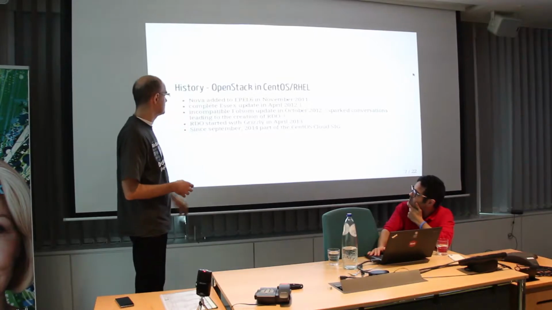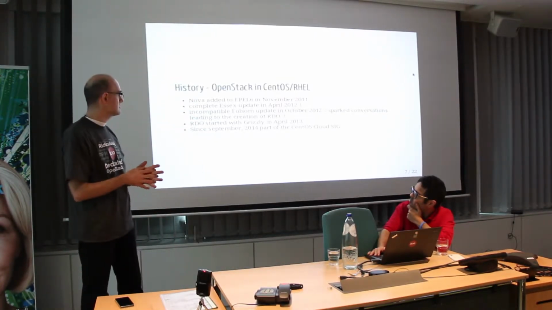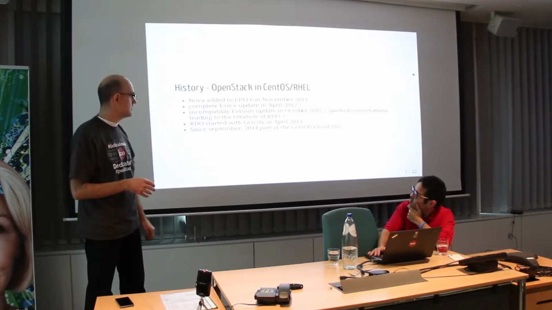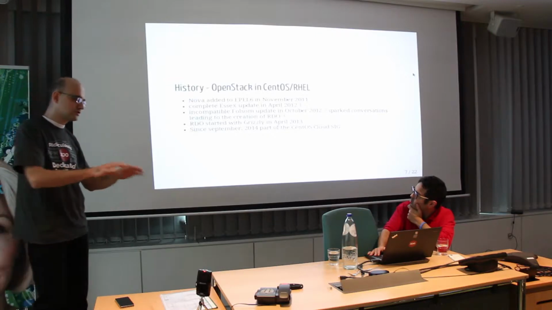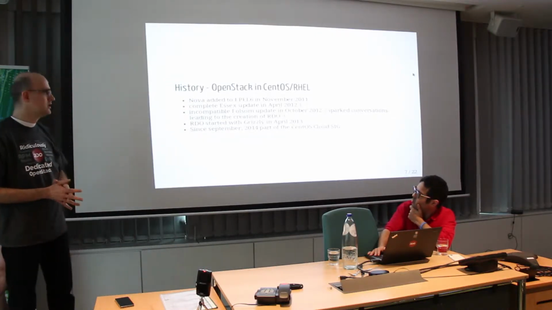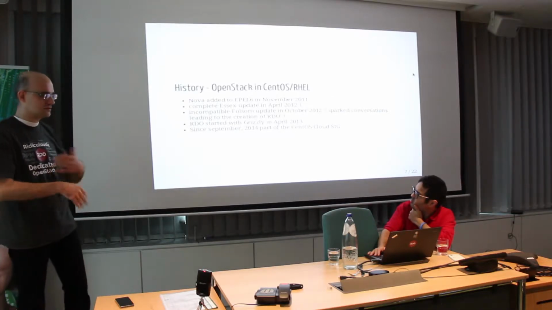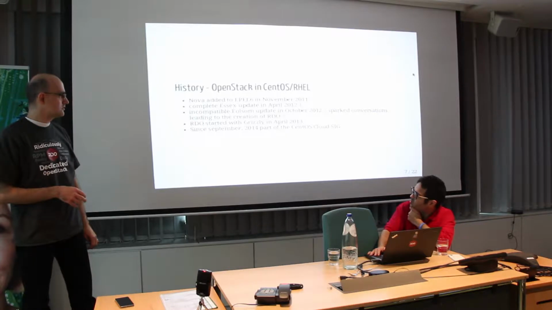That was the first previous release. And then on the Folsom update in EPEL, we were basically breaking EPEL guidelines, but we were pushing the boundary to see how far we could go. We got pushback from the users, so that was not going to work. So we started discussing how to address that and created RDO, starting with Grizzly.